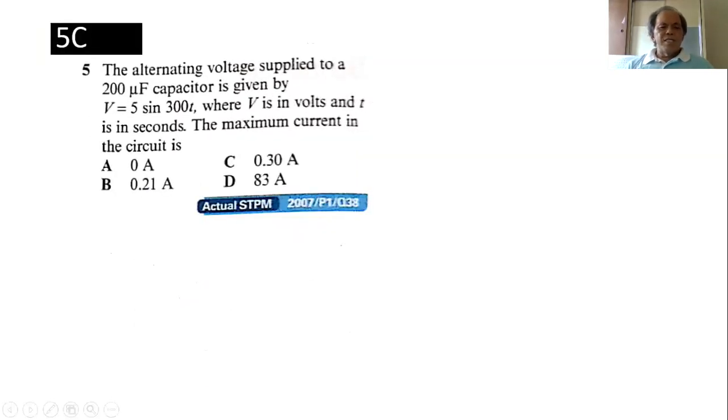Okay, alternating voltage is supplied to 200 microfarad capacitor is given by equation where V is in volt, t is in second. Maximum current in the circuit.